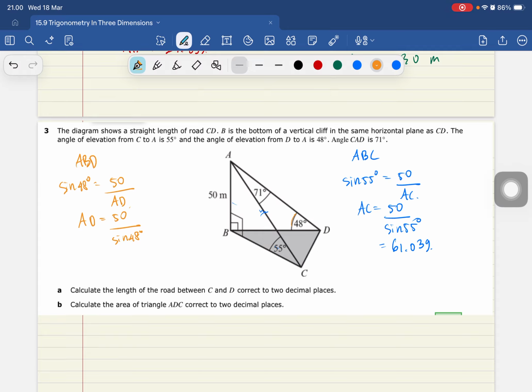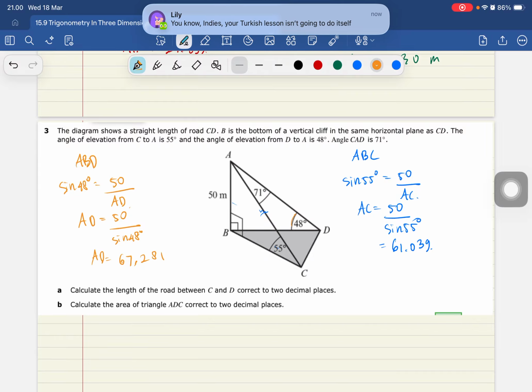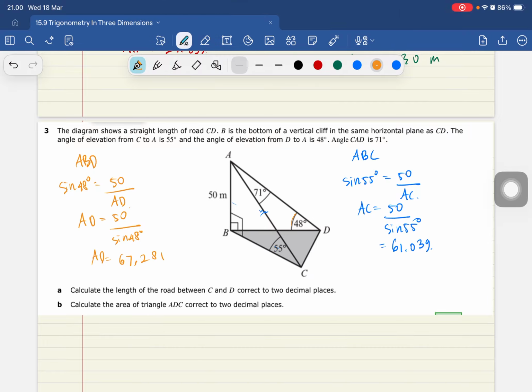You need a calculator, so AD equals 67.281. Okay, we got AD and AC. Now we have to find the length of CD, here, this length, CD.